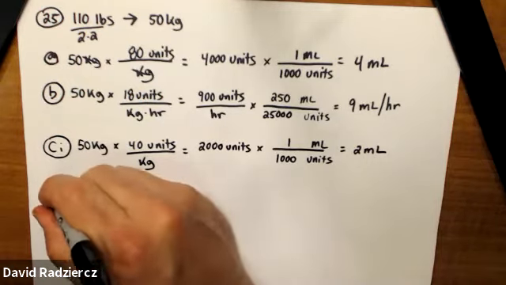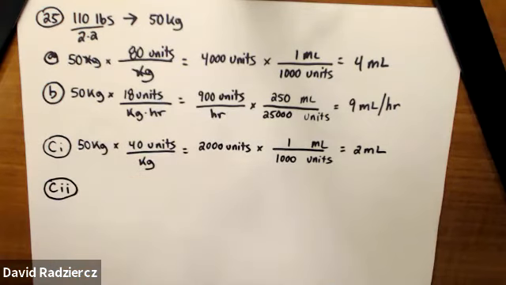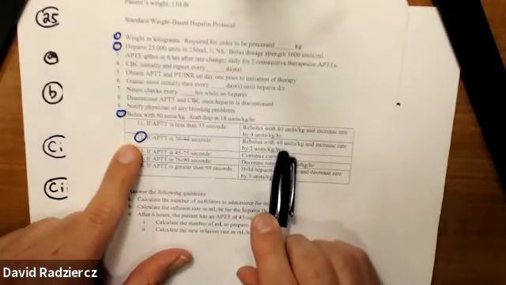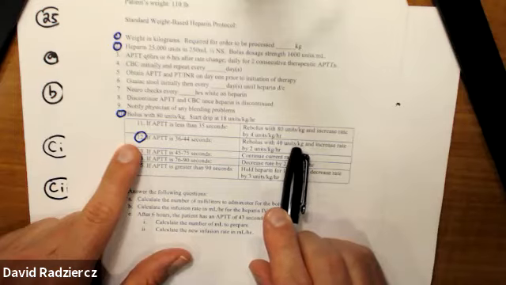For part 2. I'm so sorry. Can you repeat how you just got the 40 units? Yes, it's in the protocol. So in the protocol, it tells me to rebolus with 40 units per kilogram. Do you see that?